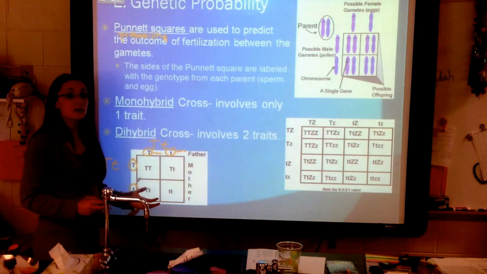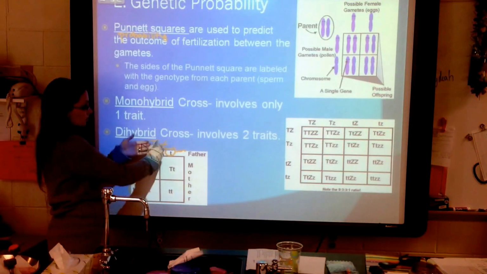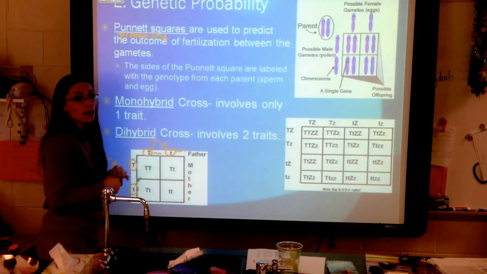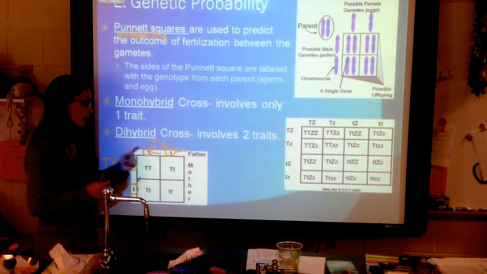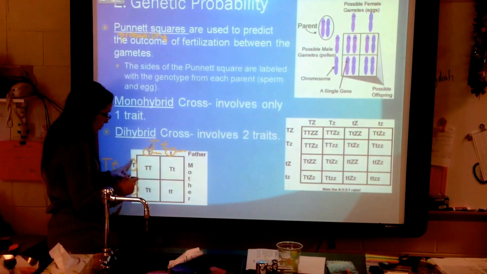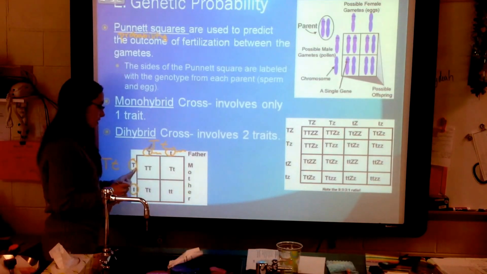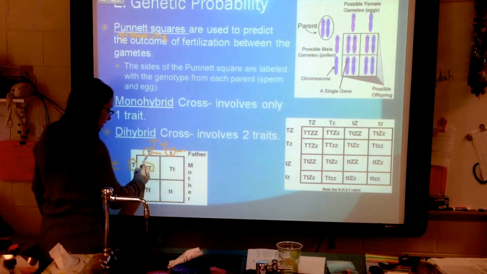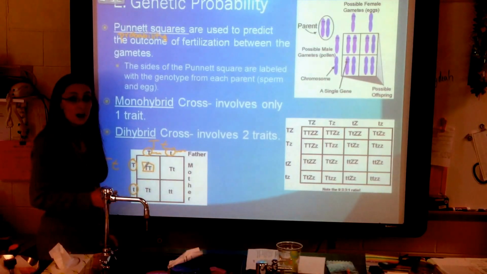Remember, this is Mendel's principle of segregation, that during meiosis, they separate the 2 alleles so that you only pass on one. Now, if this sperm from the father were to fertilize this egg from the mother, the offspring would be homozygous dominant.